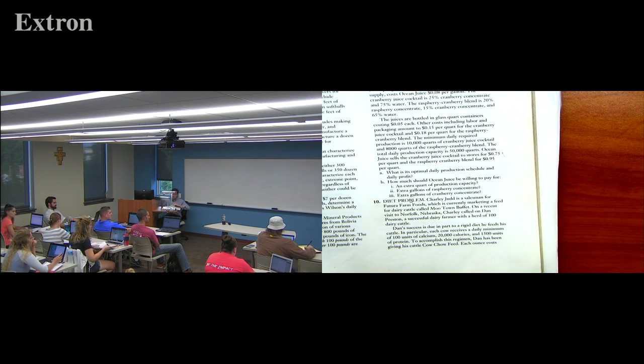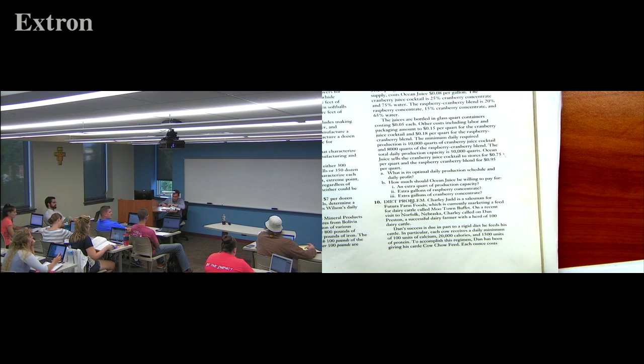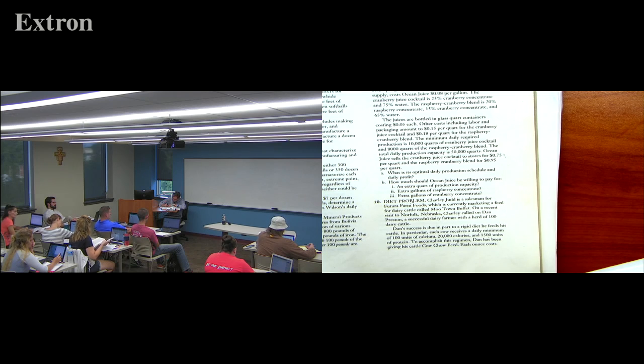So when I see daily minimum, you should start thinking, hey, that sounds like a constraint to me, and it is. So, the calcium, I'm just going to write that down so I have it, has to be greater than 100 units, whatever we measure that in. Calories has to be greater than 20K. And protein has to be greater than 1,500 units. Okay.